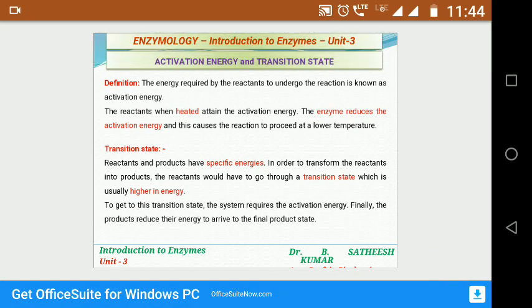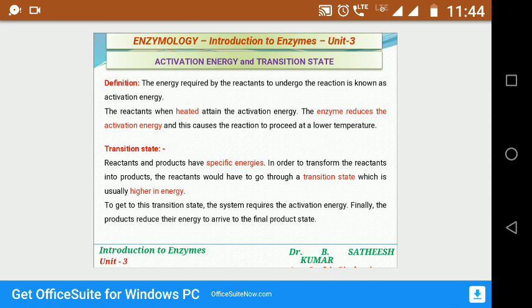And another important term is transition state. What is a transition state? A transition state is an intermediate state between substrate and product. Substrate is never converted into a product directly.